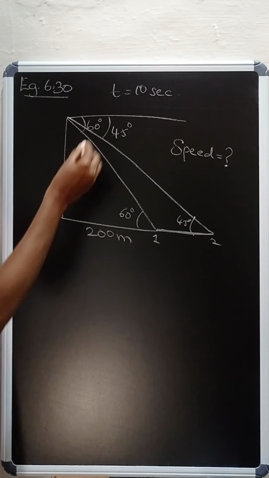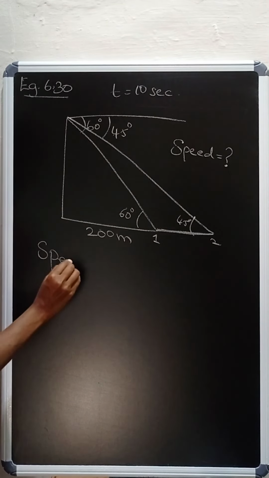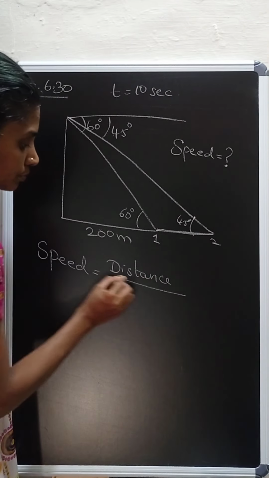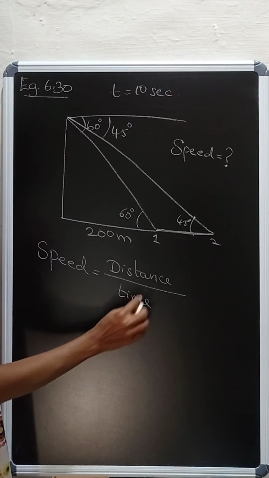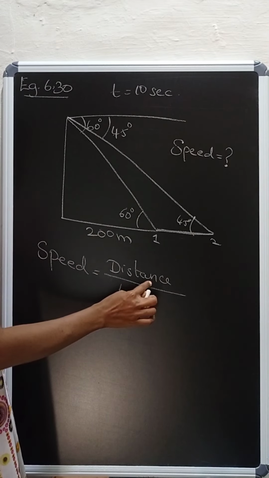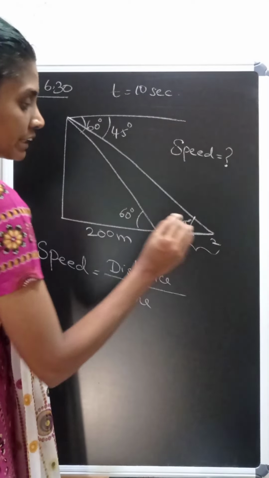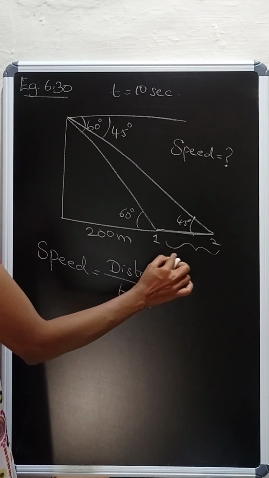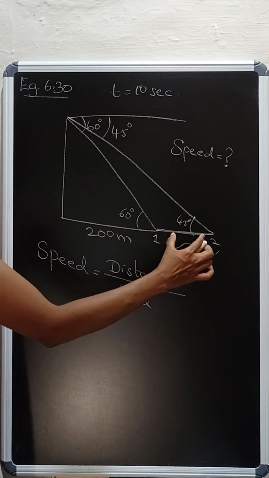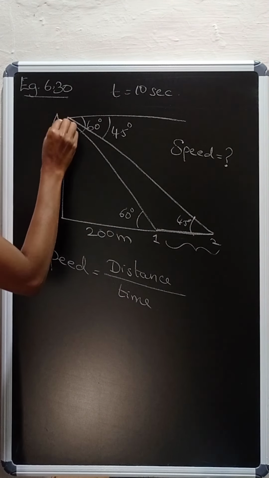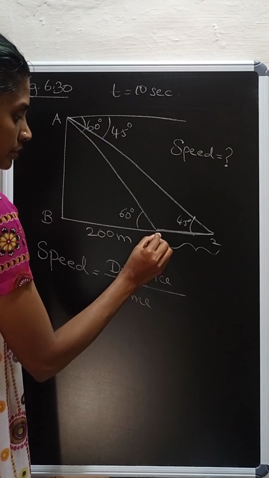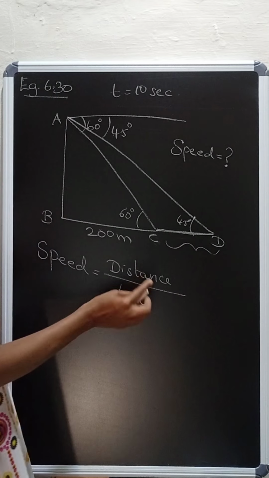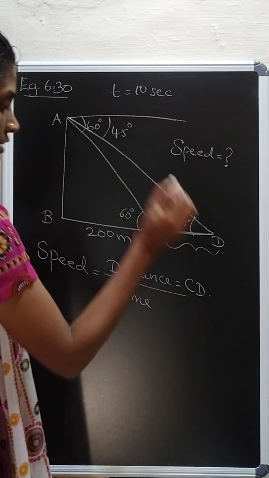Now for finding speed, what is the formula? Speed is equal to distance travelled by time taken. Now you have the time here, 10 seconds. Now you wanted to find the distance. So we need this distance. The distance travelled by the boat from the first level to the second level is this one. Now we will name this A, B, C and D. So we need CD. Distance is equal to CD.